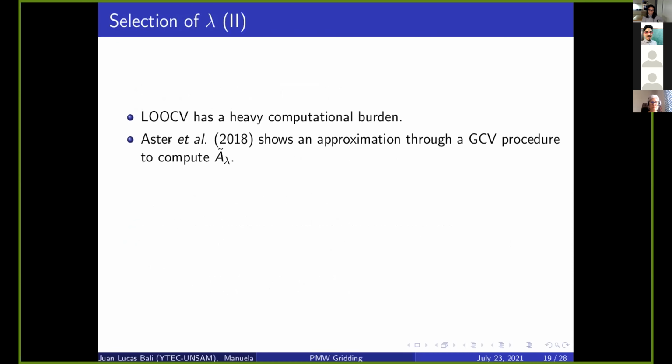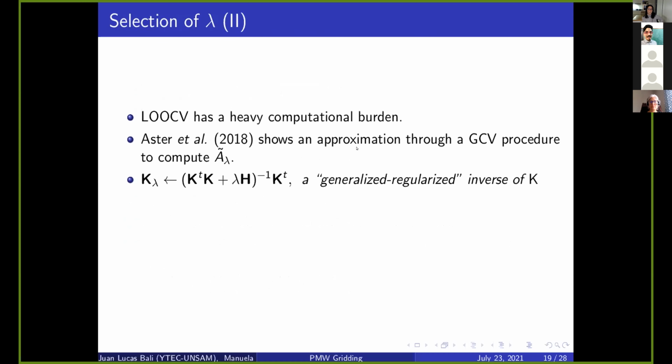What we found, in a book regarding inverse discrete methods, is a proposed generalized cross-validation procedure for this kind of problem. I'm not going to get myself into the dirty details of the procedure, but it's quite easy to implement. It only requires one inversion for each lambda. We obtain this kind of pseudo inverse of K, which is like an adjusted kernel.